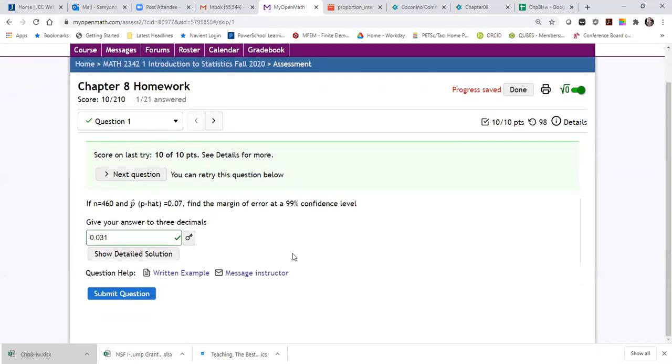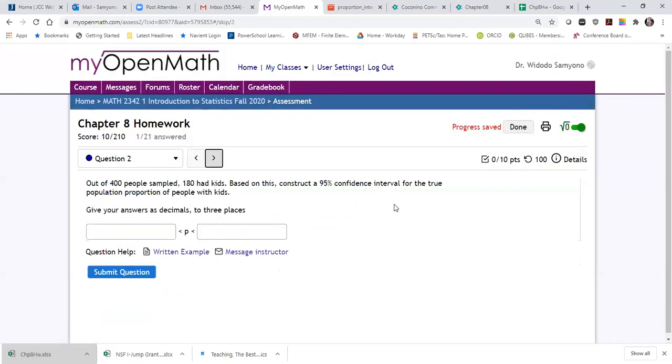So the next problem will be this one. Okay. So you need to go to number 2. And in this case, the sample size is 400. The X is 180. And then the confidence level is 95%, right? Okay.